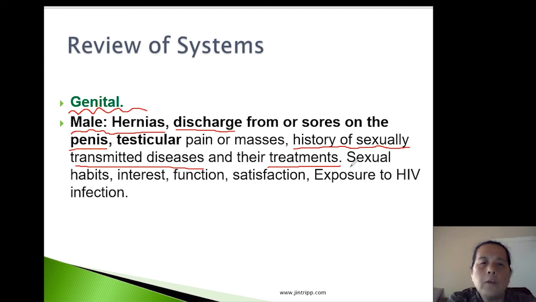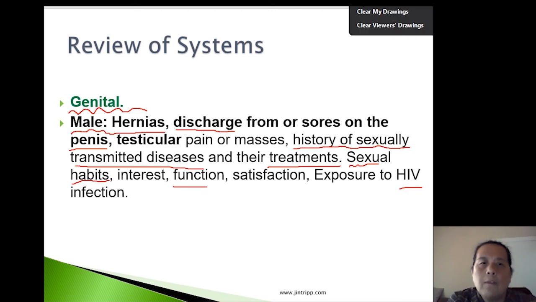And also including some sexual habits and their functions, and HIV, which belongs to the sexually transmitted illnesses.